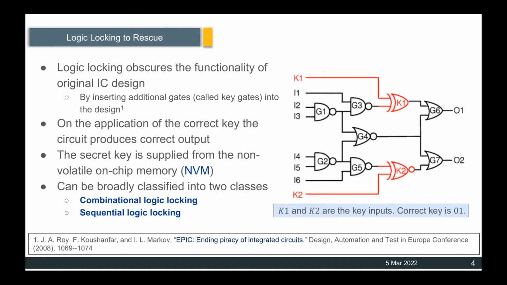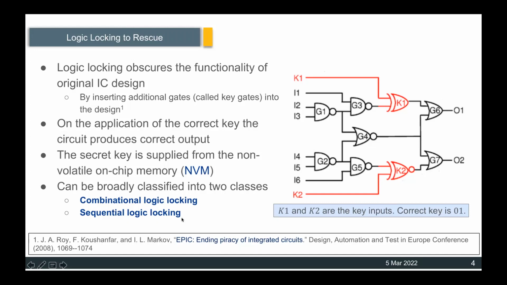Very often these keys are stored inside the chip in a non-volatile memory, or they can also be externally applied. And the idea is that this becomes the root of trust of the chip against all the previous threats that I mentioned, like IC piracy and counterfeiting, and it also makes it more difficult to insert trojans into the netlist or the circuit.